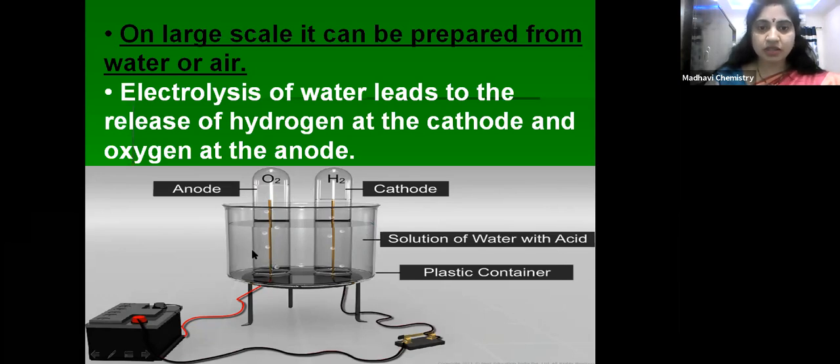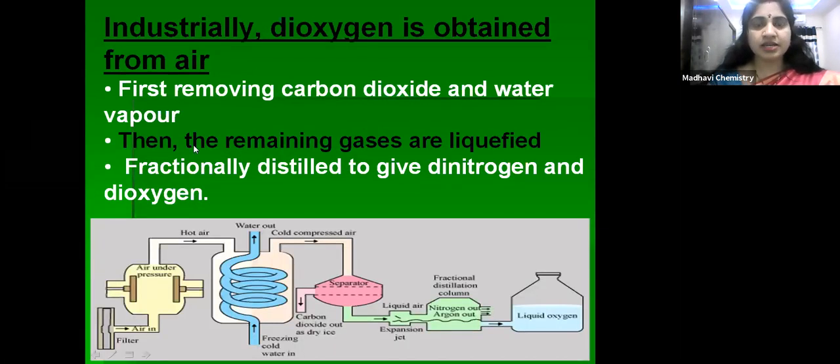Okay, so children, from lower classes itself you are learning that electrolysis of water gives oxygen and hydrogen. Next one is the industrial method, that is nothing but from air.